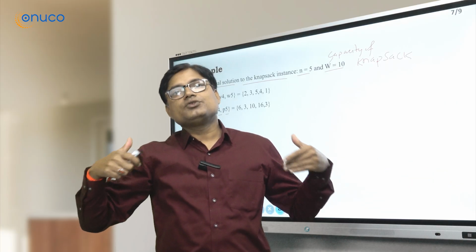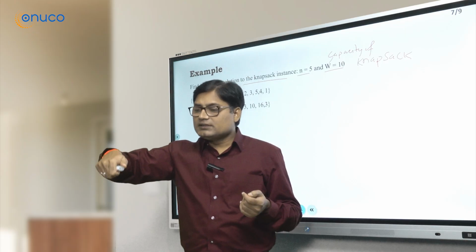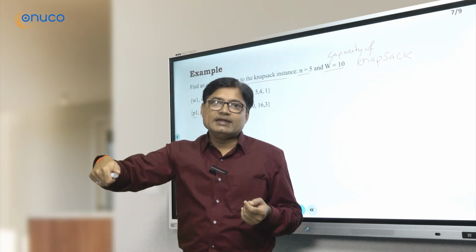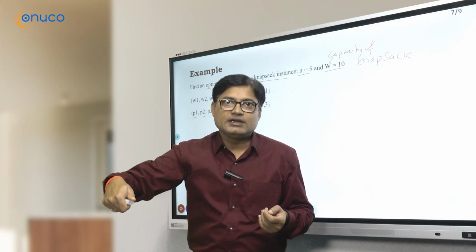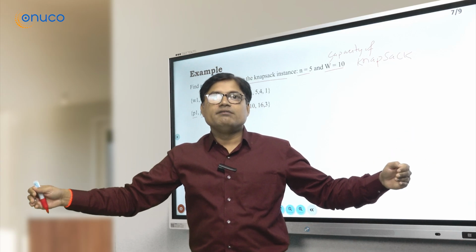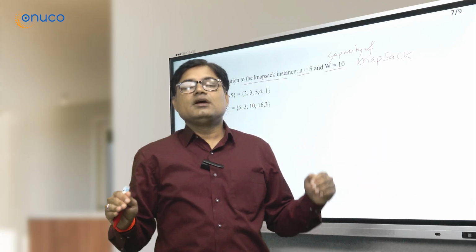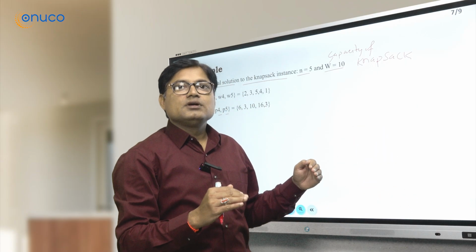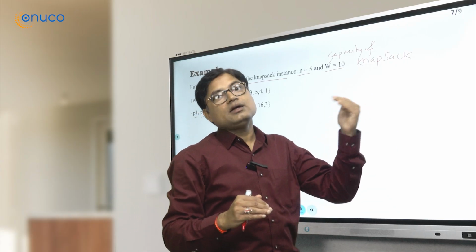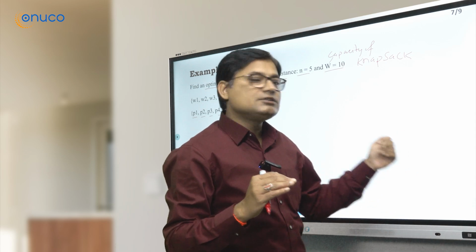In that case, what will be the maximum profit? It will remain 0, because that bag is not going to hold any items. We are not going to select any item. In the first case, there were big bags, but we didn't have any item to keep in them. So profit is 0. Otherwise, we select the items based on profit divided by weight. Only then do we decide which element has the highest profit.